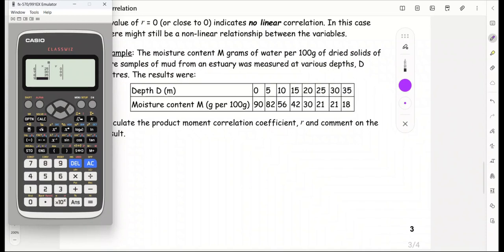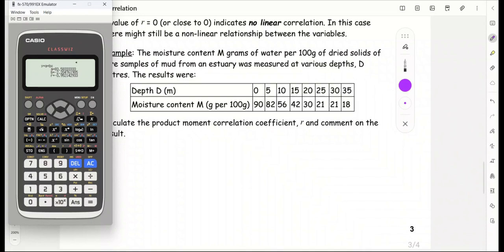Once you finish putting the x values in, make sure you put in the matching y values. Okay, once you've done that, you press the button marked OPTN or option, and we want number 4 for regression calculation.